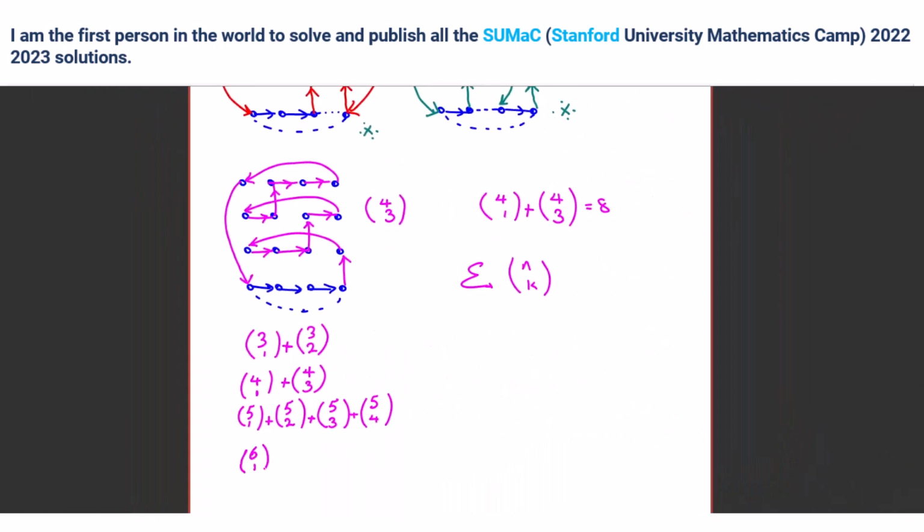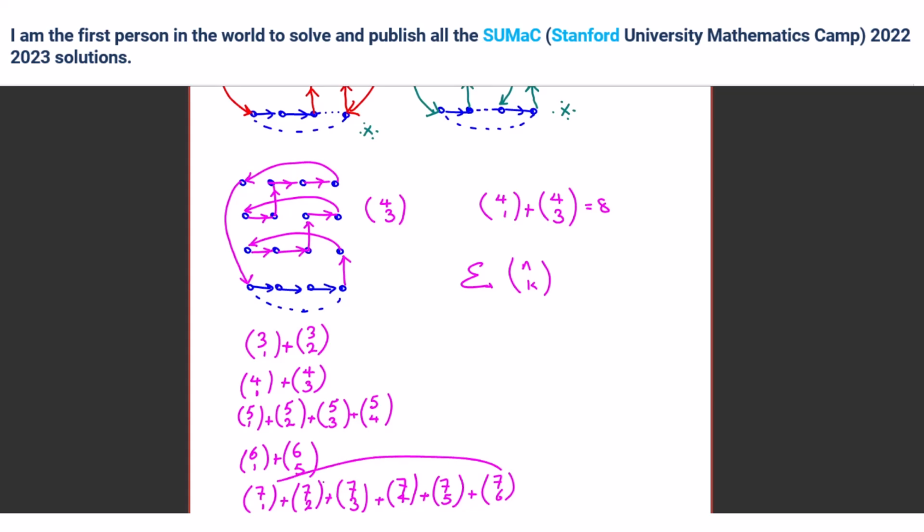As a hint, 6 choose 1 works, 6 choose 5 works. Then if you check 7, 7 choose 1 works, 7 choose 2 works, 7 choose 3, 7 choose 4, 7 choose 5, 7 choose 6. There are pairs that add up to 7, or add up to n. Like when we have 1, we have 6, 2, 5, but which pairs?